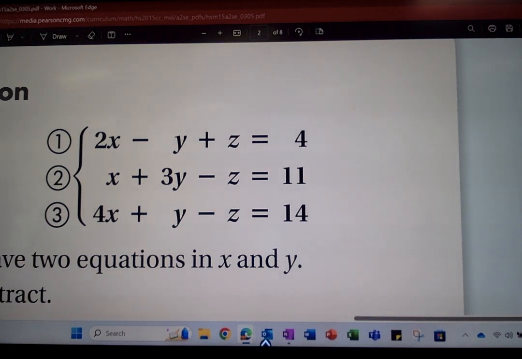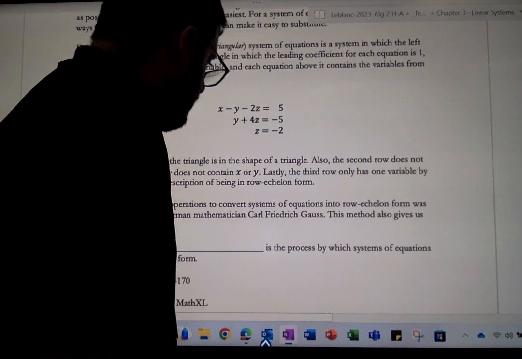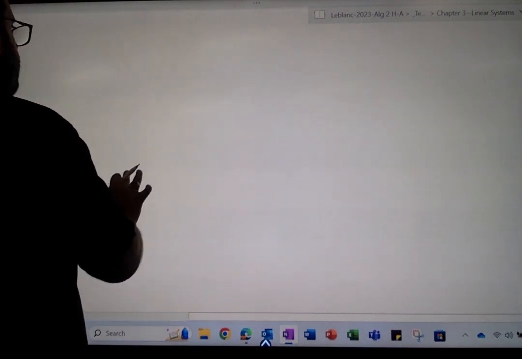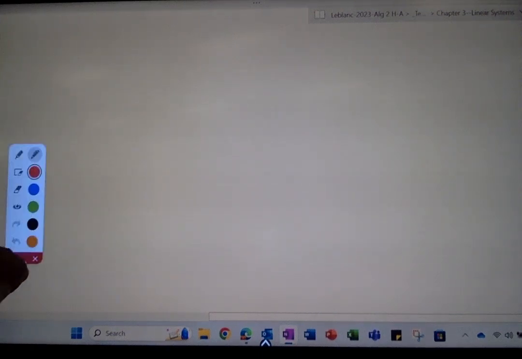Let me go back to OneNote so we can show you. I'm going to use this space to write out this problem. Here's my system.